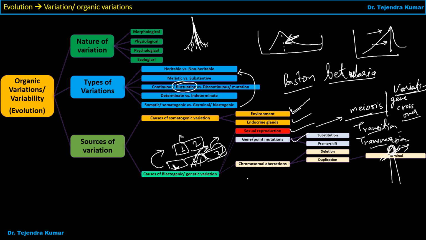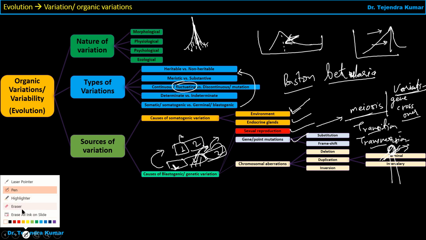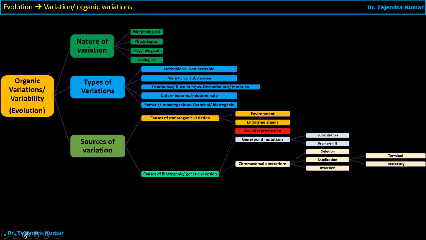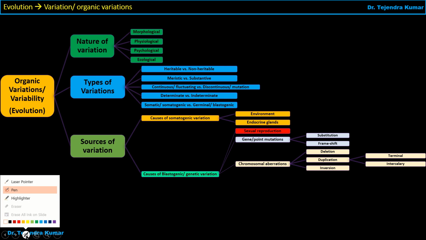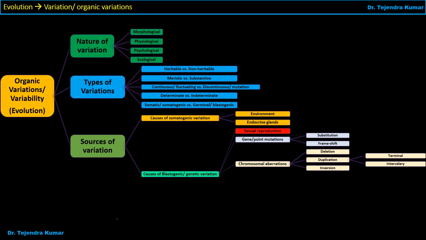Next, which I already talked about, terminal and intercalary. Okay. Next is the term inversion. So let's talk about inversion. Inversion means just changing it vice versa. Likewise, this was the structure A B C D E F G H, a set of genes on the chromosome.